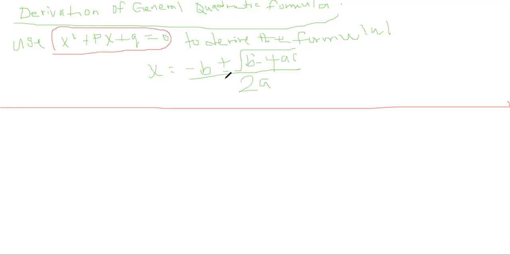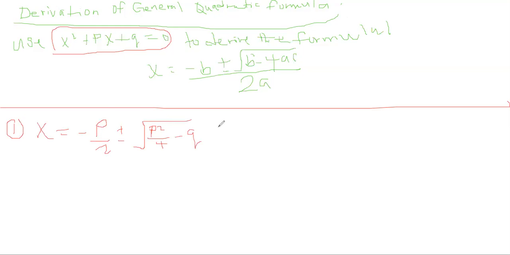I told you in the previous session before the video went off, when this is given to you, the first step is to restate the completing the square or the simple quadratic formula. You can restate this: x equals minus p over 2 plus or minus square root of p squared over 4 minus q.